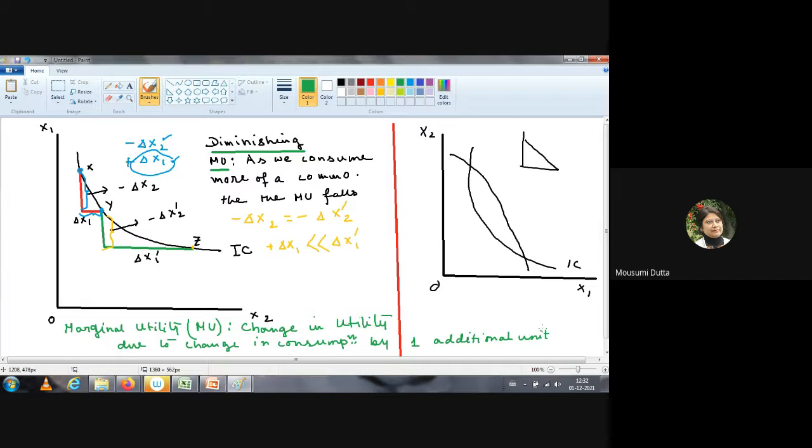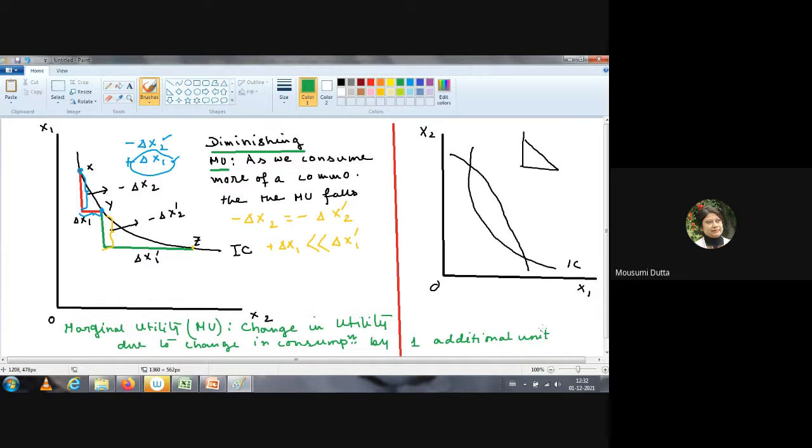If continuously there is a reduction in consumption of one commodity, the next unit of that commodity becomes very worthy, very valuable to me. And for that matter, we need more of the other commodity to compensate the same loss. So when I'm moving from X to Y, I'm losing delta X2 amount, and for that I want delta X1 amount of X1.